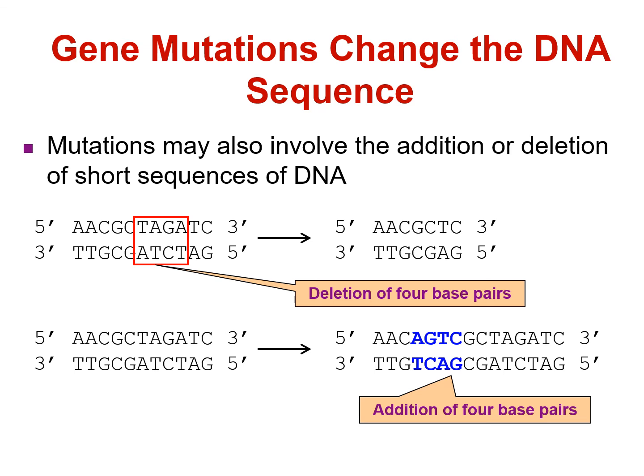Deletion of 4 base pairs will result in a shorter DNA sequence. Or you can also have the addition of 4 base pairs to this sequence, which results in a longer nucleotide sequence.